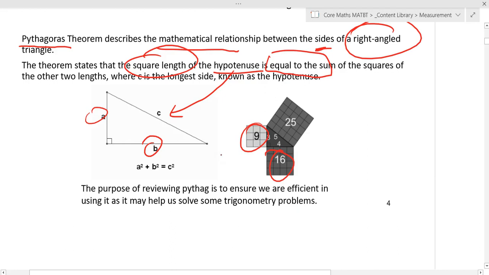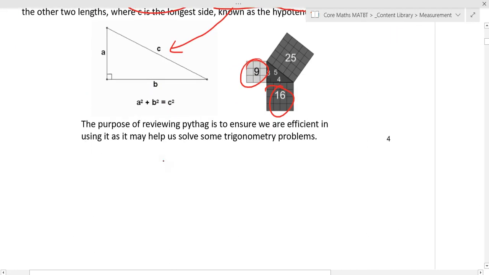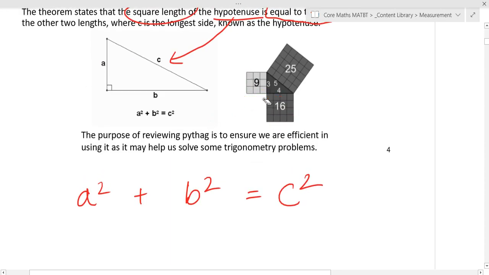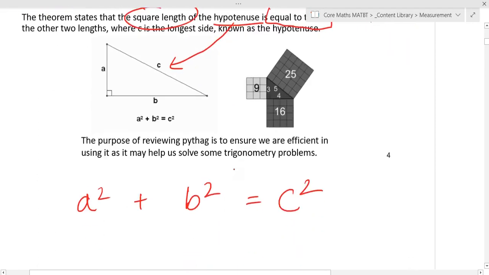Now, the main thing I want you to learn here is that Pythagoras' rule is this: A squared plus B squared equals C squared. So please write that down in your notes. I know it's already there, but to reiterate the point, Pythagoras' rule refers to this rule here. So please write it down. A squared plus B squared equals C squared.